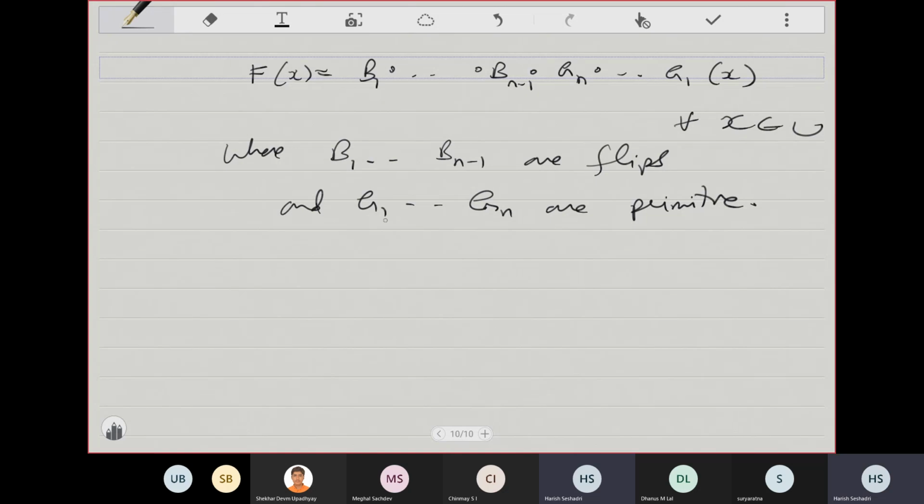I'm not specifying these, by the way. Flips are linear transformations, so they're defined on all of Rn. But these primitive mappings are defined only on certain neighborhoods. So for example, the first one, G1, will be defined on U, but the second one, G2, will have to be defined on an open set containing the image of G1, etc. So the domains of these Gi's will keep changing.